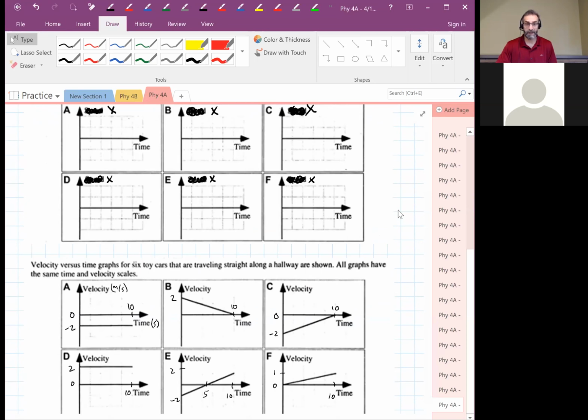That way, if you don't get it at first, you'll hopefully be with it by the end. So let's start with D. You're going to take that velocity versus time graph. The velocity is 2 meters per second, and it's constant for 10 seconds.